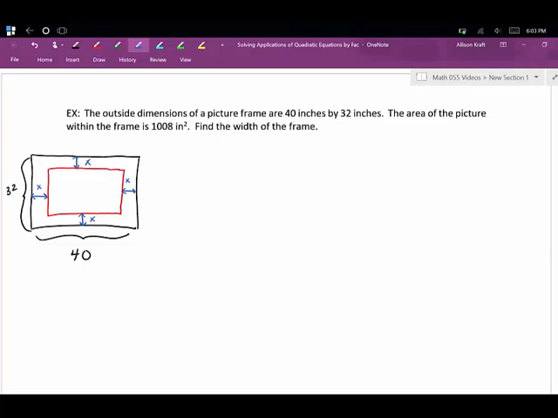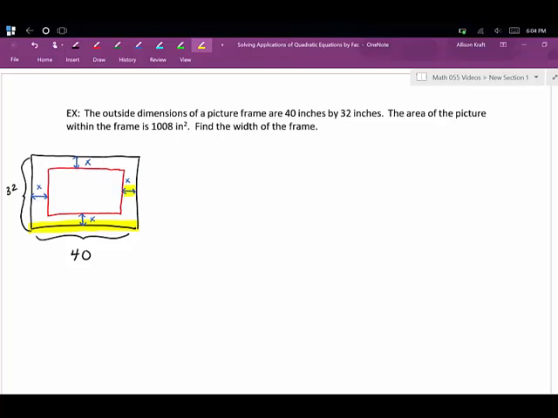They tell us that the area of the picture within the frame is 1008 square inches. Therefore, we're going to have to write an area equation for the inside picture. I need the dimensions of the inside picture to be able to write that area equation. We're not going to be able to use just a regular number. We're going to write an algebraic expression for the length and the width of the inside picture. Now, the bottom of this frame is 40 inches.